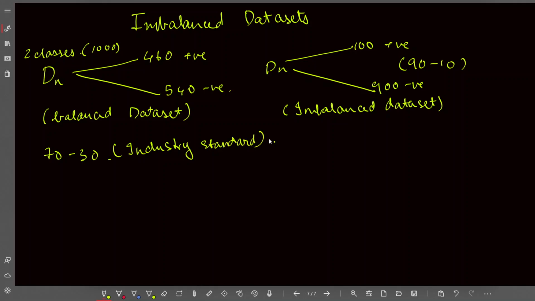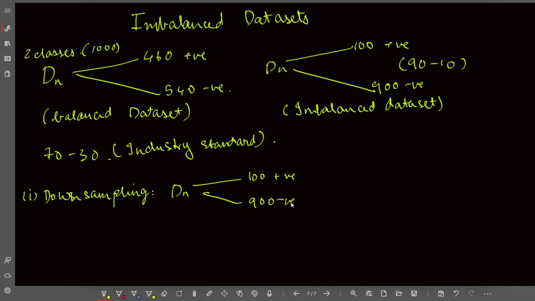Okay. So now that we know what imbalanced datasets are, how do we overcome this problem when we are building a model? The first way is downsampling. We have a dataset with 100 positive points and 900 negative points. When we build the model, we don't take all 1000 data points.